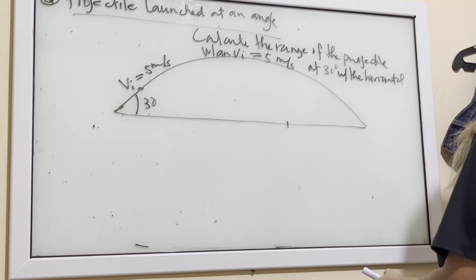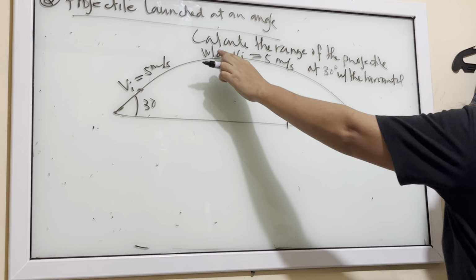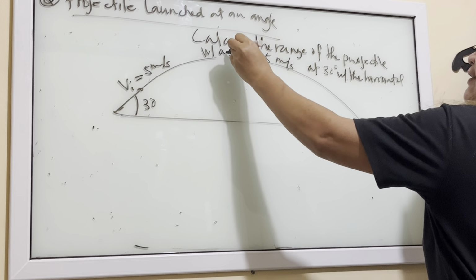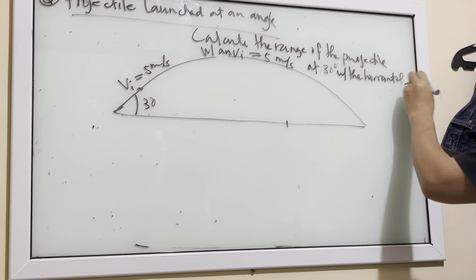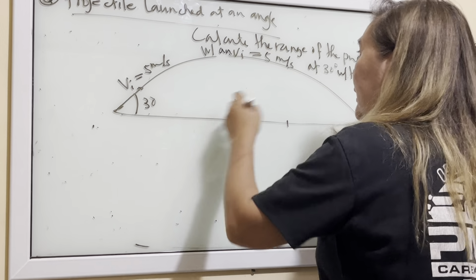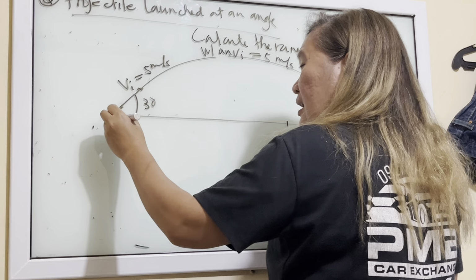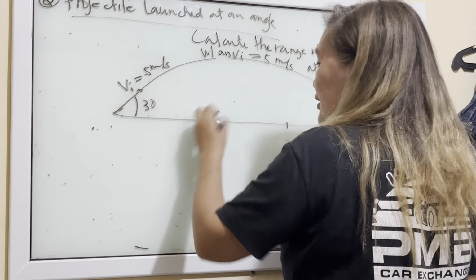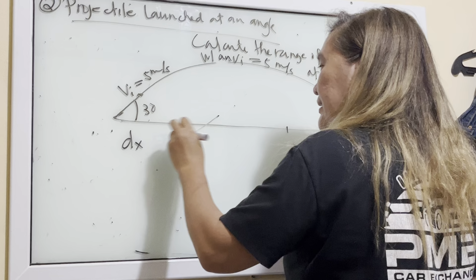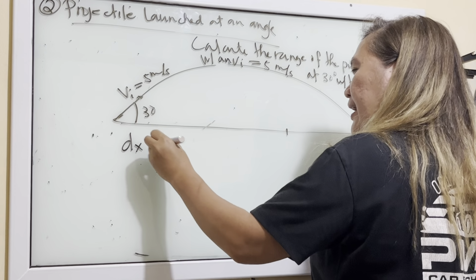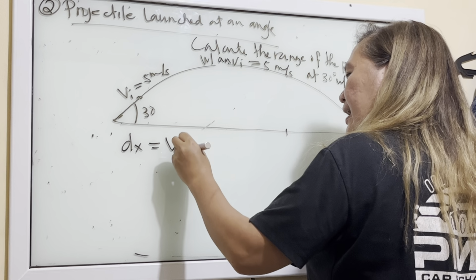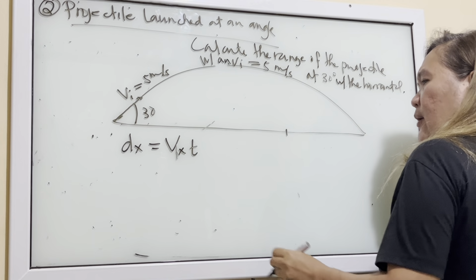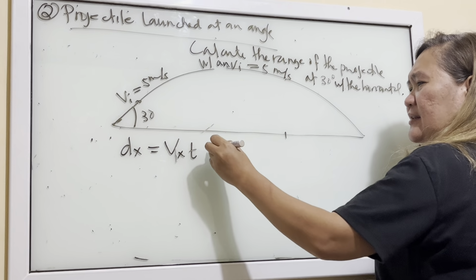Okay, so calculate the range of the projectile with an initial velocity of 5 meters per second at 30 degrees with the horizontal. Okay, so range ang hinahanap dyan. So R, what is range? D sub x. What is the formula for D sub x? Equals to Vx t. Now, how would you know your Vx?